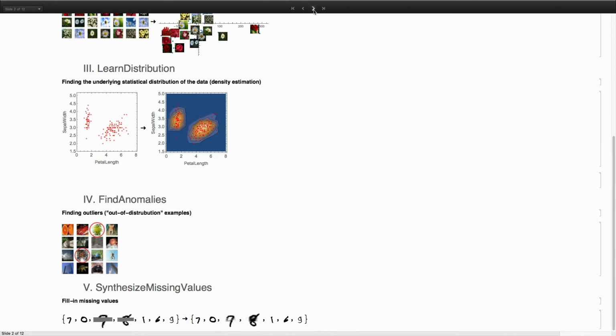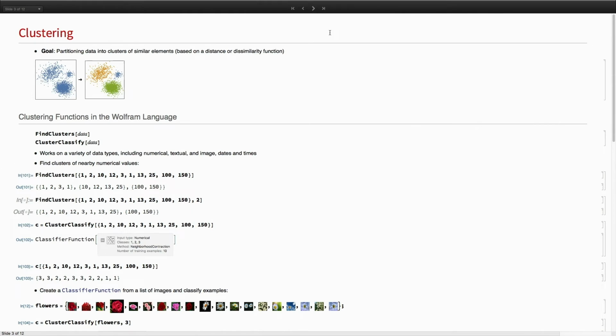So let's start with just clustering, one of the classic examples of unsupervised learning. The goal is simply partitioning data into clusters of similar elements, and the measure is based on some distances or dissimilarity functions.